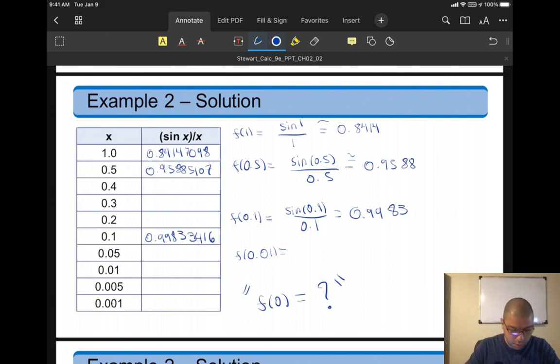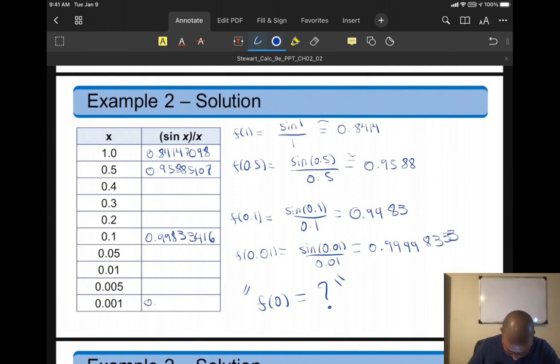And this is the last one that I'll do, let's see. So it'll be like sine 0.01 divided by 0.01, and that will be, look, 0.9999833.